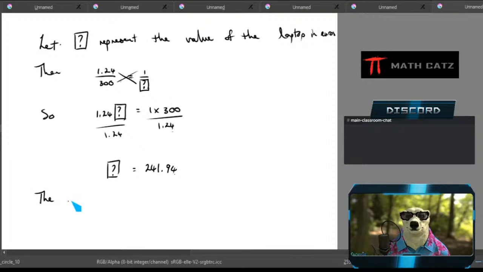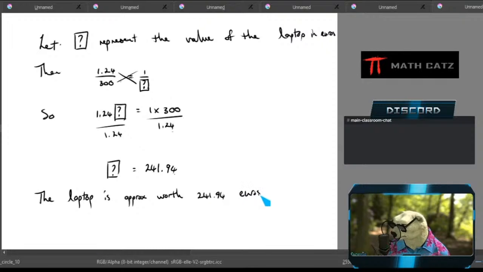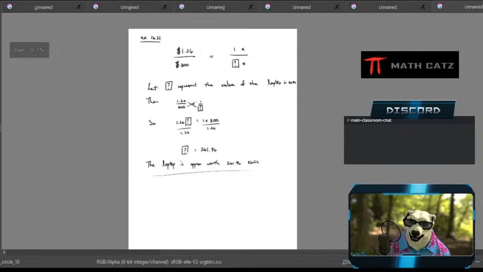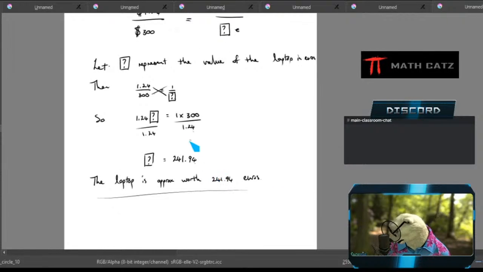So the laptop is approximately worth 241.94 euros. Whoopsie, backwards. Euros, that's an S. There we go. I'll zoom out again. And emphasize again.